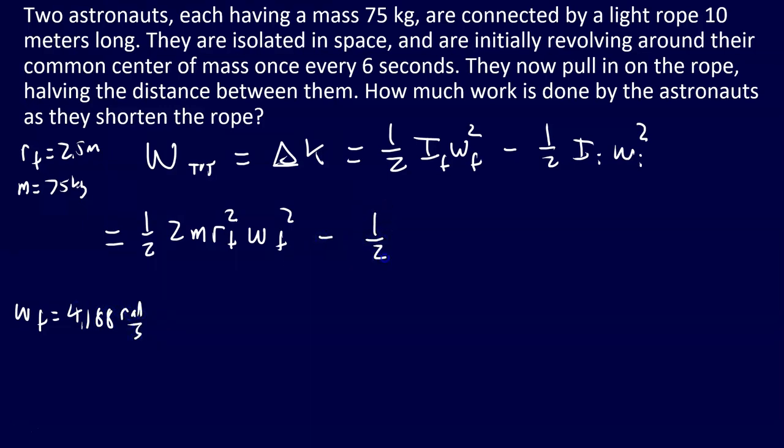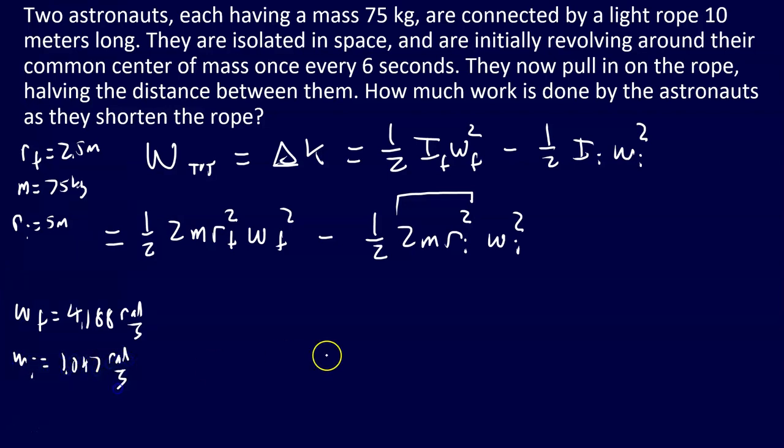And this will be minus 1/2 2m r initial squared omega I squared. So we're subtracting out these two pieces, where one of the tricky parts is figuring out this moment of inertia. And again, this Ri, if you remember, was 5 meters, and then our omega initial was something like 1.047 radians per second.